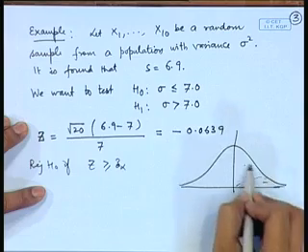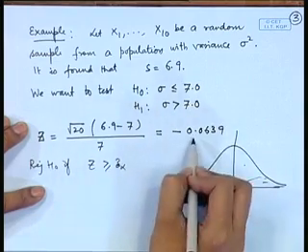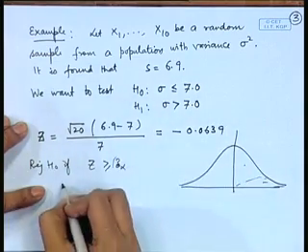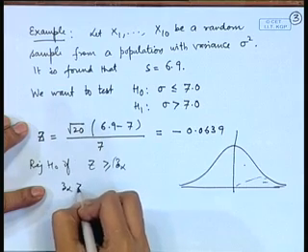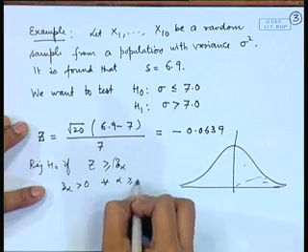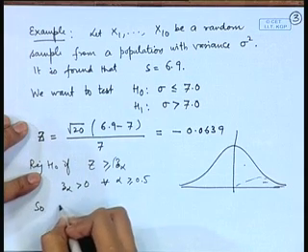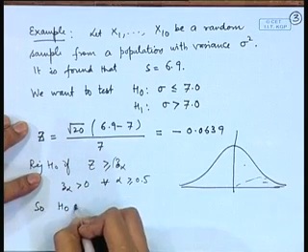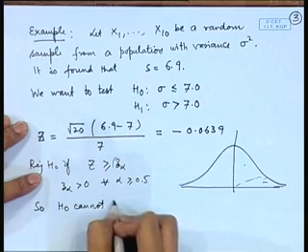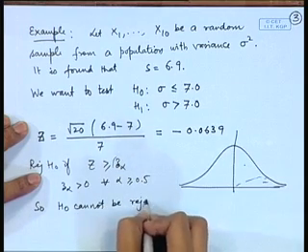So, all these points are positive. This z alpha is positive for all alpha up to 0.5. So, H naught cannot be rejected.